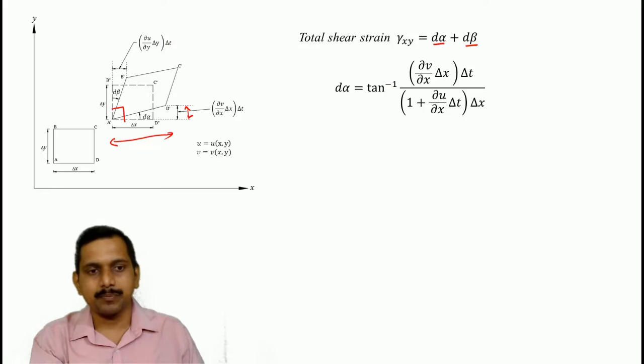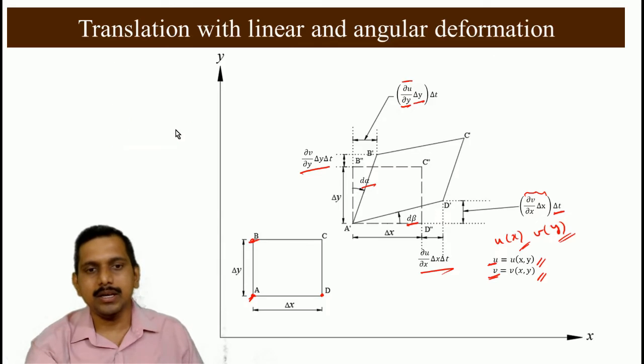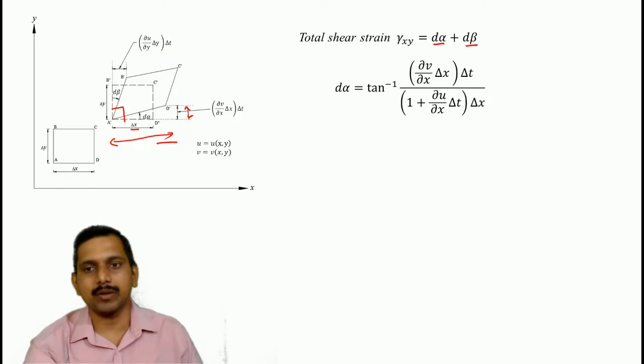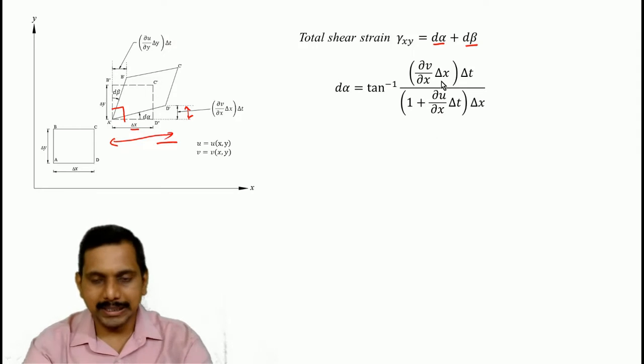The adjacent is delta x, plus here we have the other part which we had discussed previously. The other part is given by dou u by dou x delta t, so that comes here and delta x is outside. So this forms my d alpha.